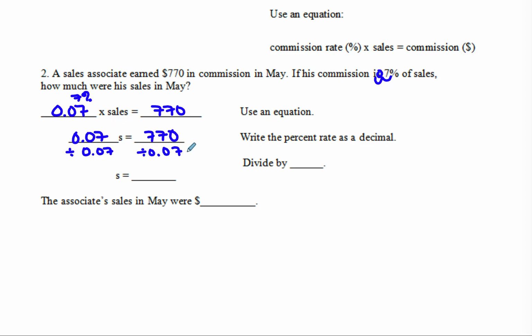On this one, it's 0.07. So we're going to do 770 divided by 0.07. And our answer here is going to be 11,000. So the associate's sales in May were $11,000.